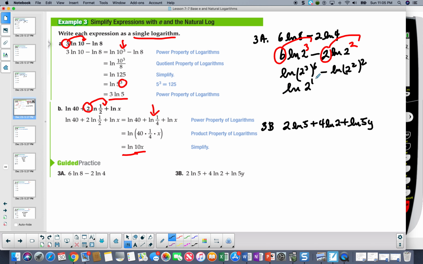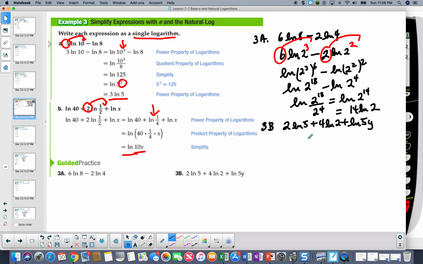So that's going to be 18 minus the natural log of 2 to the 4. Now I'm going to subtract: natural log of 2 to the 18 all over 2 to the 4. And then this is going to be the natural log of 2 to the, I'm going to subtract, that's 14. And then I can bring the 14 down over here to make that 14 natural log of 2.